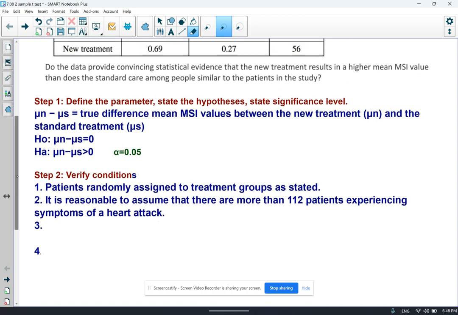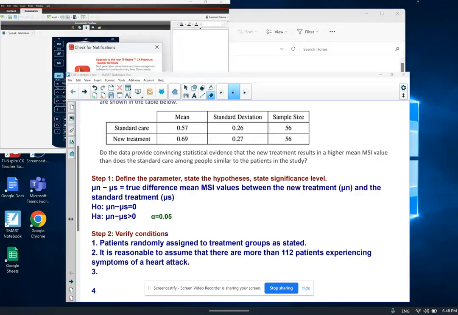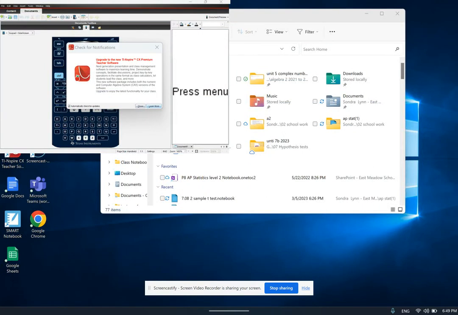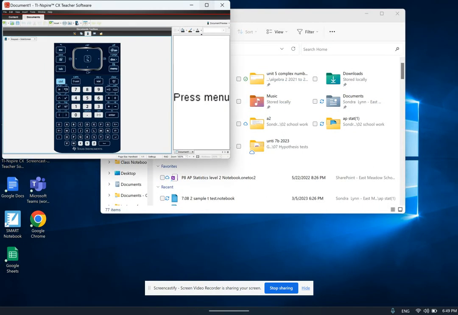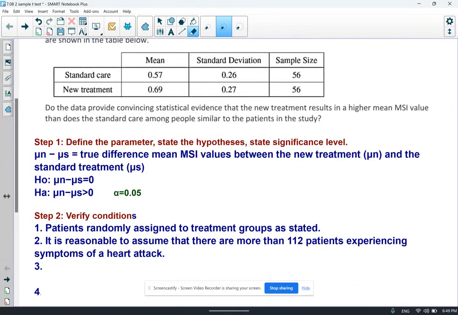The next condition, what do you notice? Both our sample sizes are greater than 30, so that means we can apply the CLT. Let me just see how our calculator is doing, because we'll need it in a second. So I'm just opening it up to get it ready.